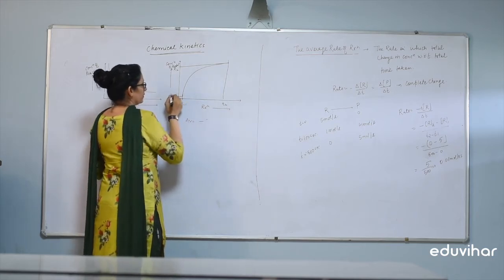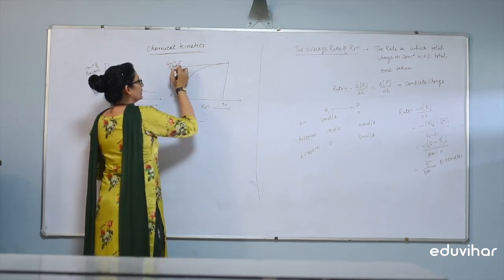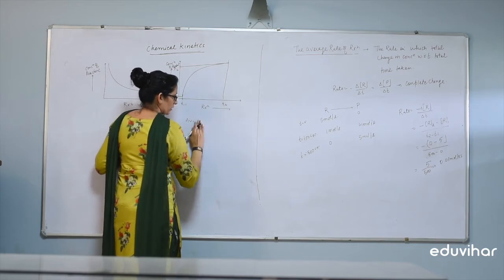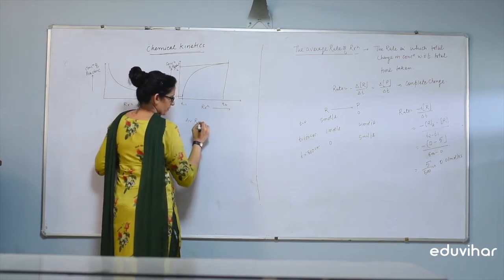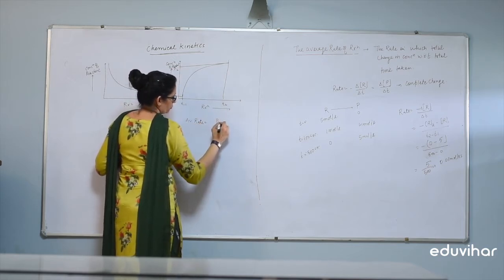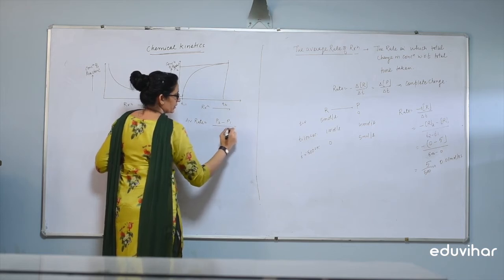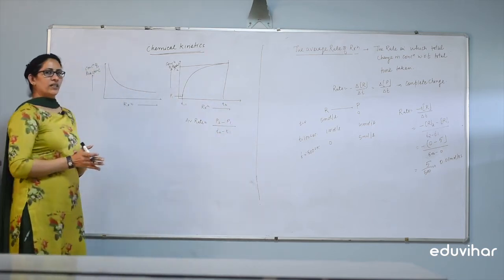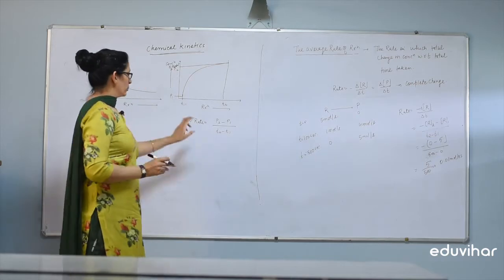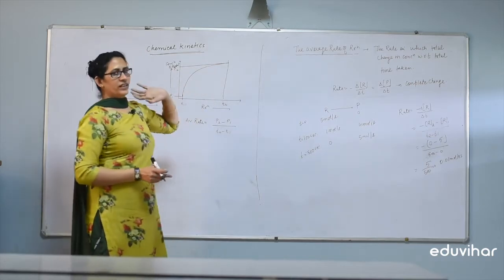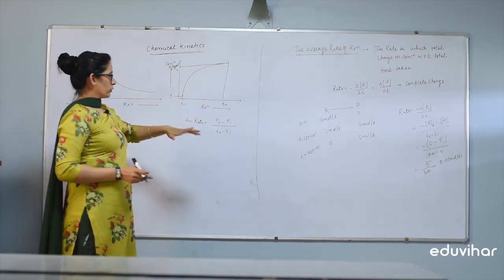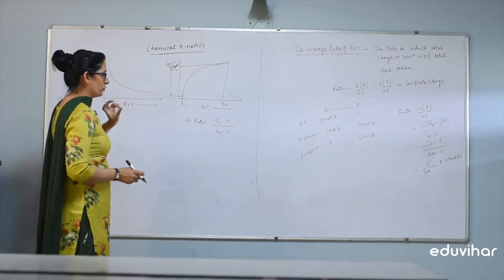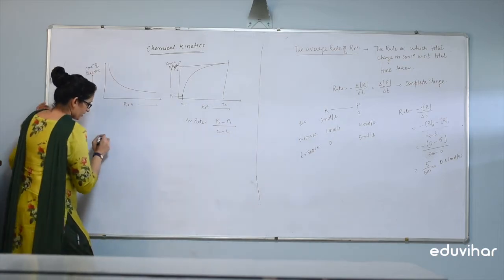This is P1 and this is P2. Average rate is equal to P2 minus P1 divided by T2 minus T1. Whenever we have to calculate the average rate, we take the initial and the final condition to calculate the average rate of reaction.